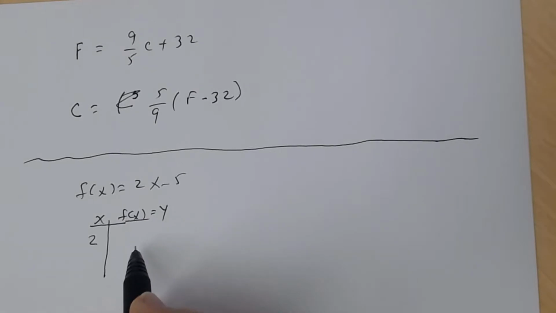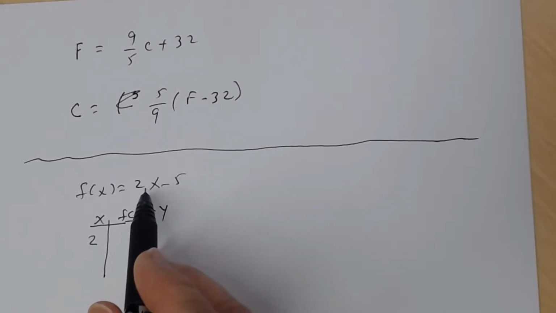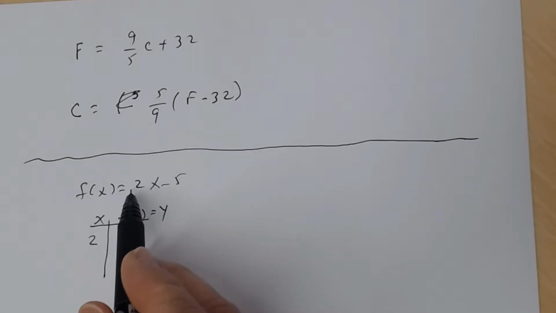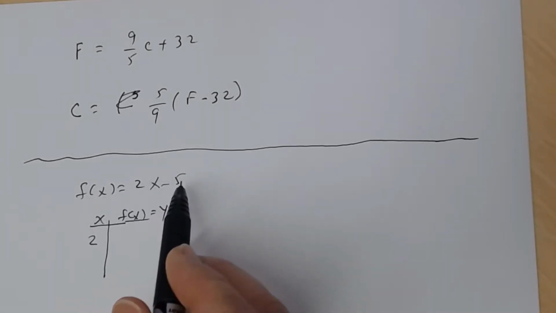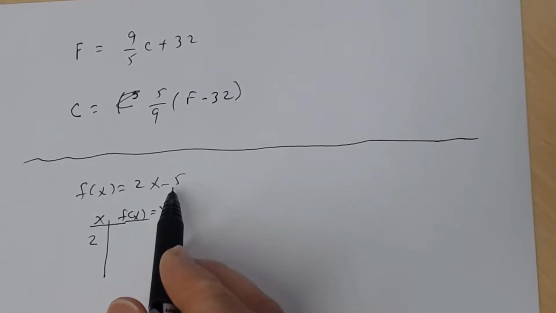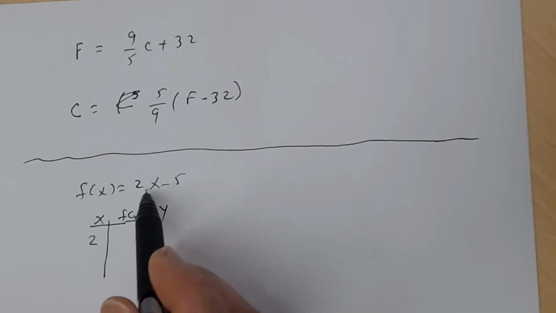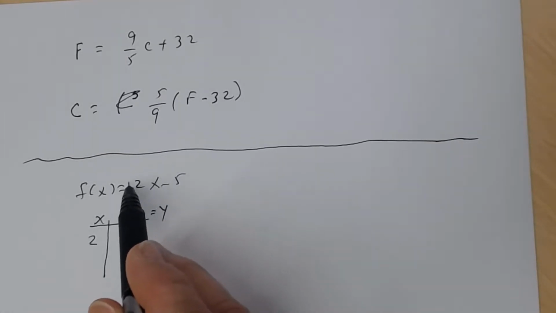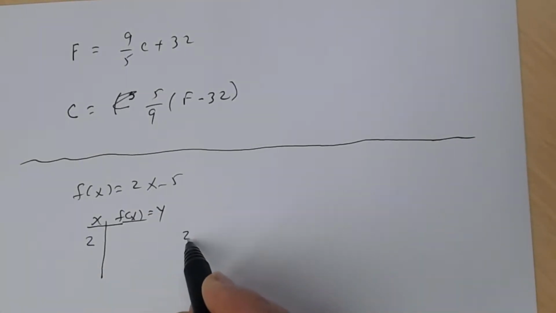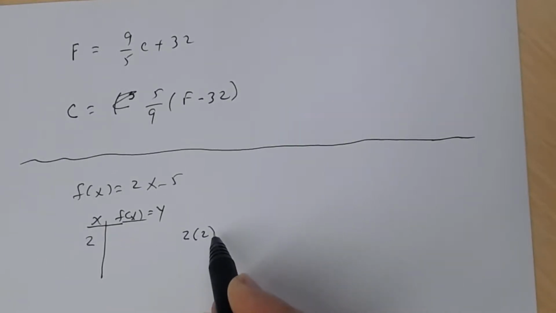What would happen to this x value 2? If I plug in 2 here, notice what happens. I am multiplying by 2, and then I am subtracting 5. Remember the order of operations: whatever value I'm substituting for x would be multiplied by 2, and then you would subtract 5.